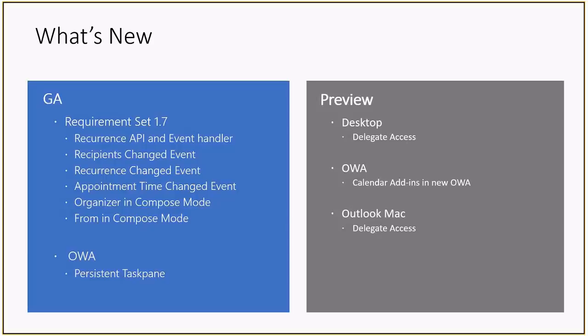I'll show a quick demo of how the new experience looks and how the add-ins experience looks. We have also made calendar add-ins available in it. So right now in the new Outlook for Web, you have both mail and calendar add-ins, the complete experience available for you.